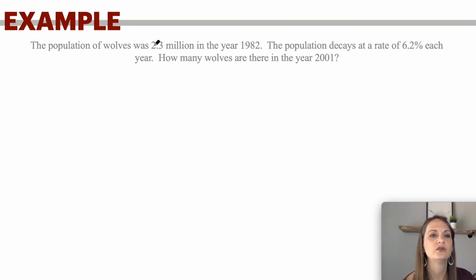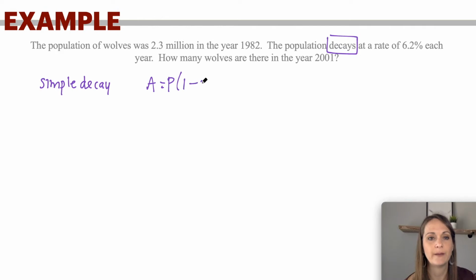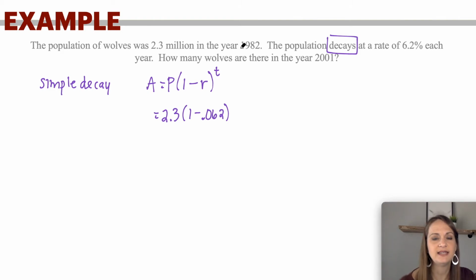The population of wolves was 2.3 million, and it is decaying at a rate. So simple decay is going to be P times 1 minus R to the T. So we know that it began at 2.3 million. It's decaying at 0.062. From 1982 to 2001 is going to be 19 years. And so we want to know, how many wolves are there going to be 19 years later.